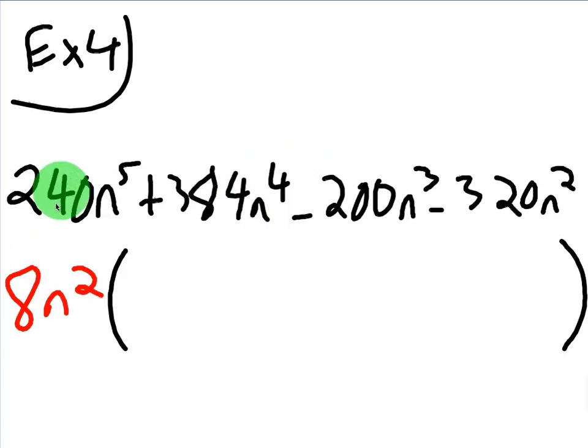So basically, what's 240 divided by 8? 30. And then n to the fifth over n squared is n cubed. What is 384 over 8? 48. Is it? Yeah, it's 48.